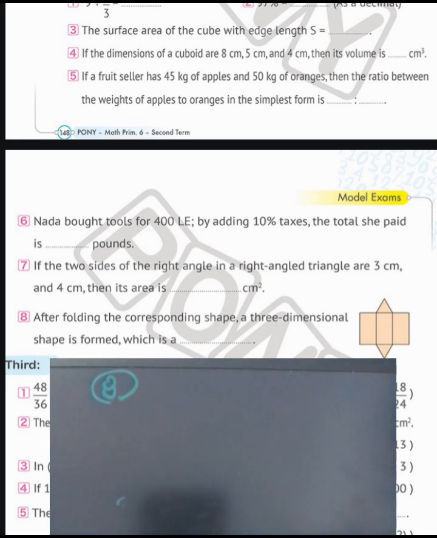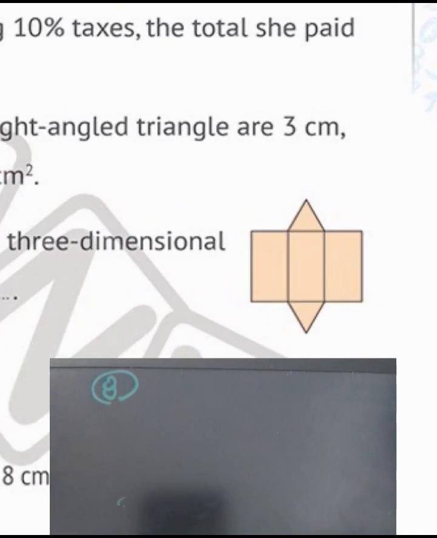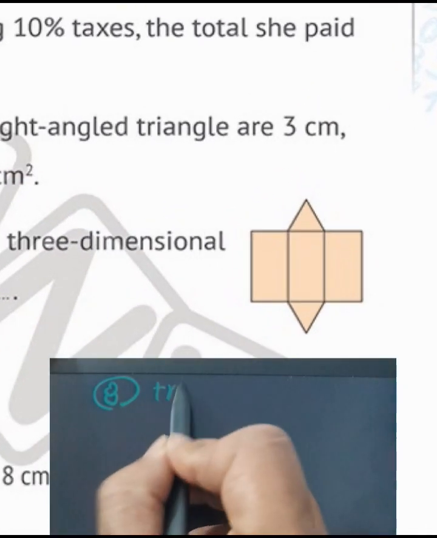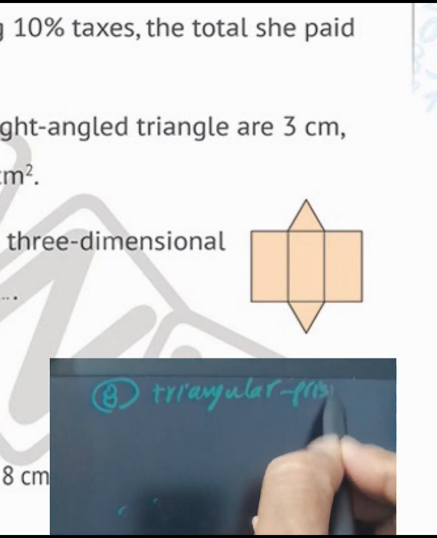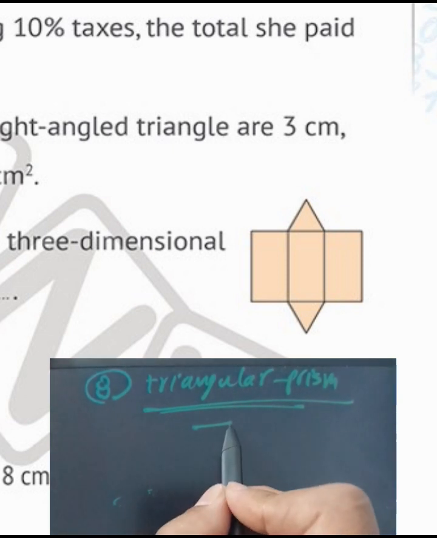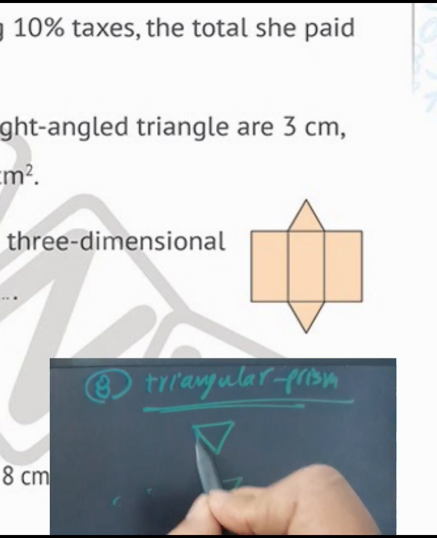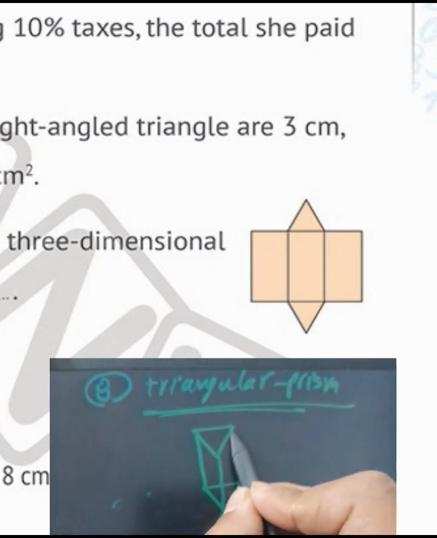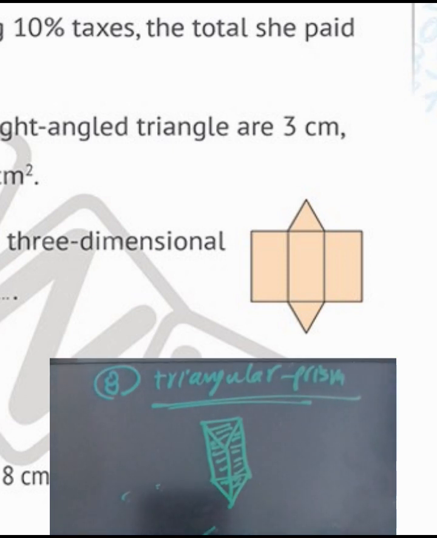We have a triangular prism, because we have two bases that are congruent triangles, and we have 3 rectangles. Then we have a triangular prism.